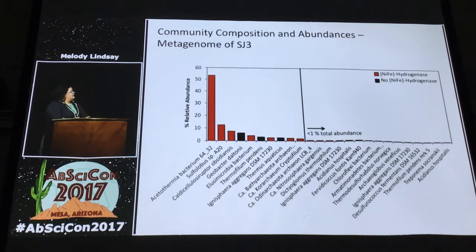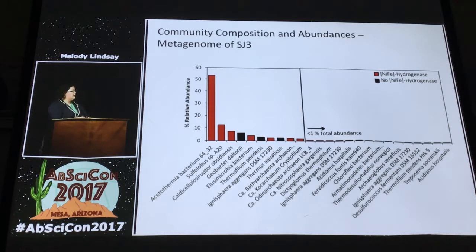And so I'm showing here relative abundance of these different taxa, which are present in the metagenome. You can see that it's a fairly diverse system in Smokejumper 3, but it's dominated by this acetogen, this Acetothermia bacterium. And so using these metagenome bins, I was also able to look for the presence of a nickel-iron hydrogenase. All of the bins you see here in red have the presence of at least one nickel-iron hydrogenase.